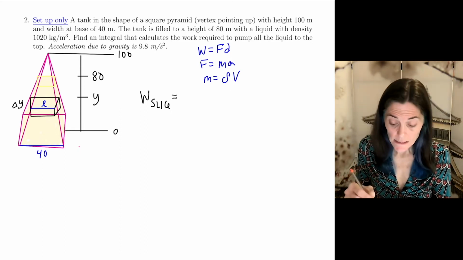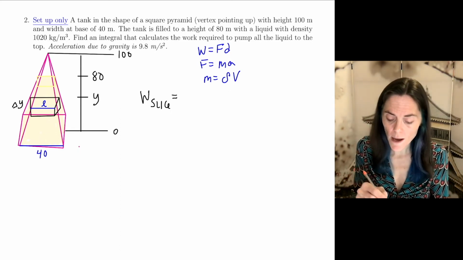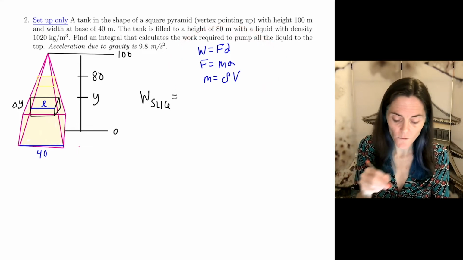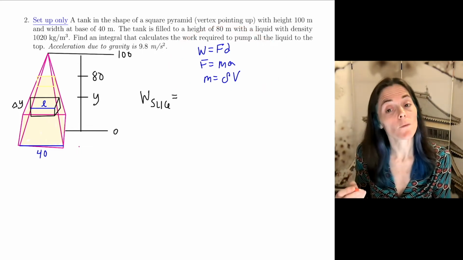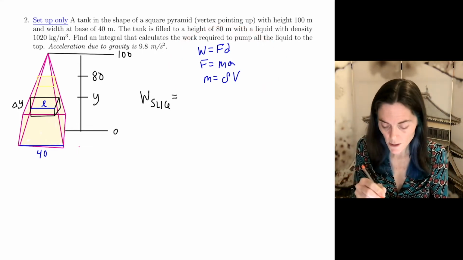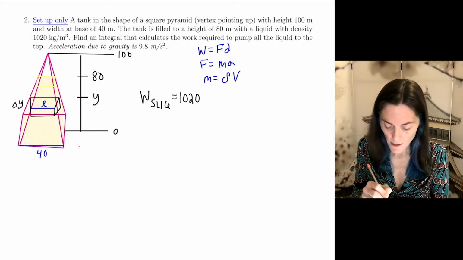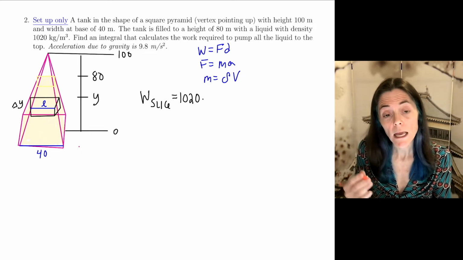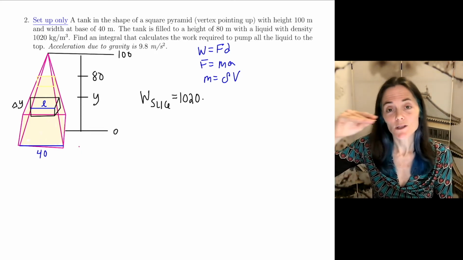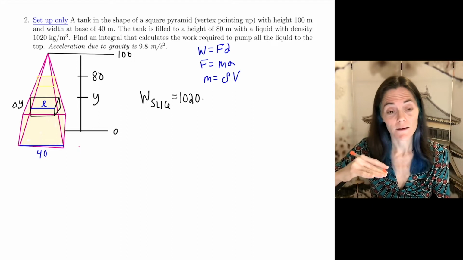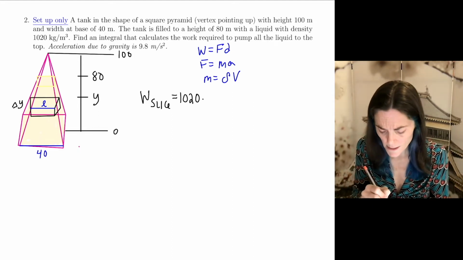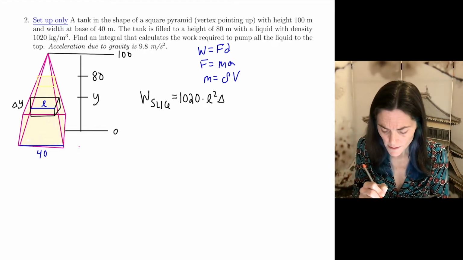And the slice, well, let's start at the bottom. You see, thinking about these formulas, we start off with density, which is 1,020. And then we multiply by volume. Here, we have a square and then thickened by delta y. So the volume is length squared delta y.